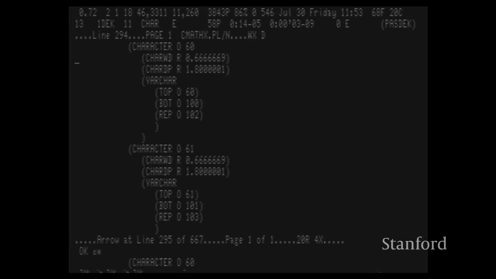So those are the kinds of things that appear in your PL file. And the program PL to TF will take a PL file and put it into that packed binary format. Let's see, if you apply TF to PL and then PL to TF and then TF to PL again, then you get the same PL back, I guess, or something like that.